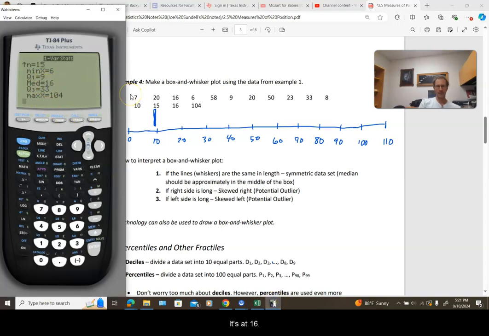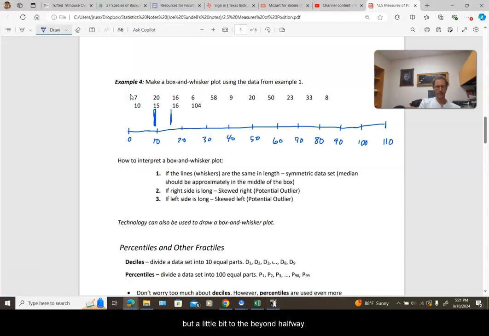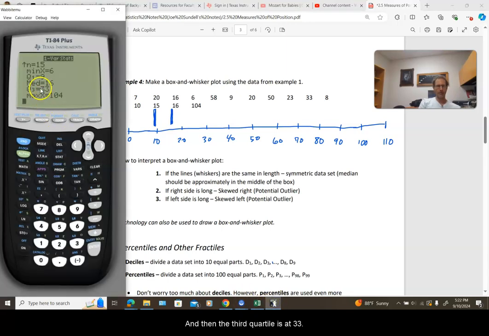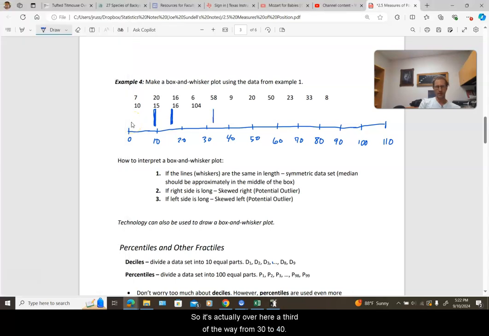It's at 16, so that would be roughly halfway between 10 and 20, but a little bit beyond halfway, so that right there. And then the third quartile is at 33, so it's actually over here. Okay, a third of the way from 30 to 40. And then I'll draw that box. This is my rectangle. This represents the interquartile range.